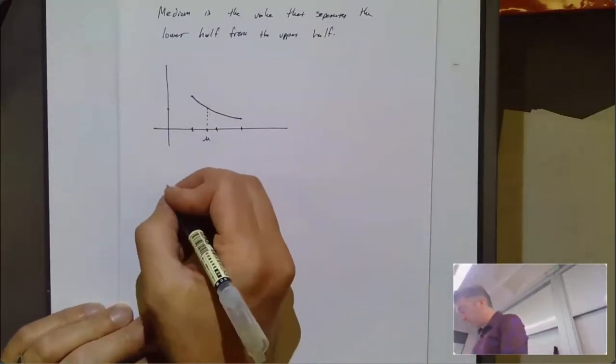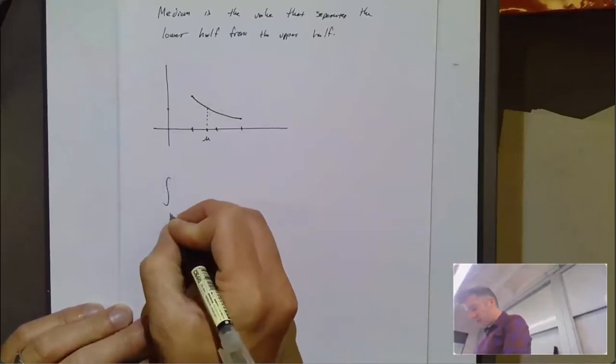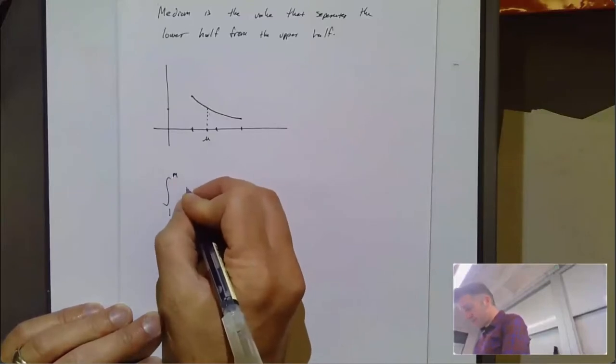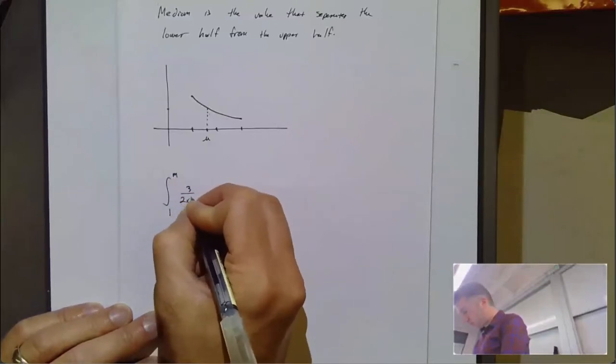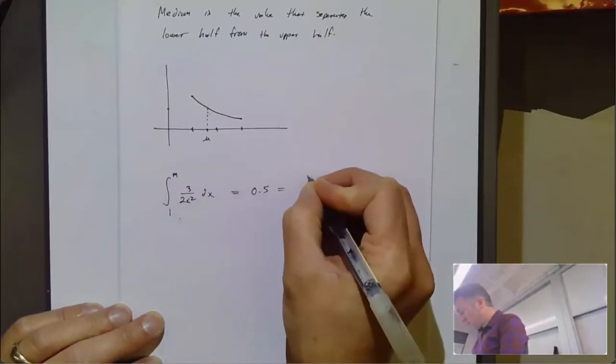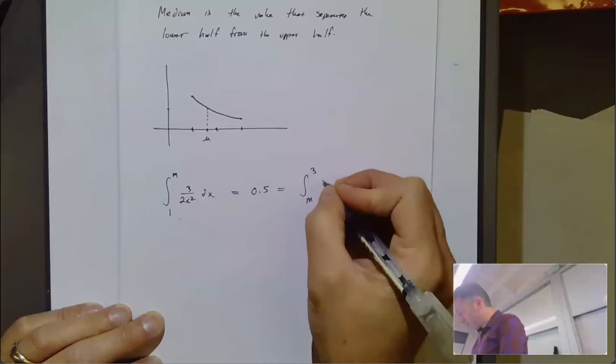So what we're going to do is say the integral from 1 to m of your PDF should equal 1/2, or we can do the integral from m to 3.